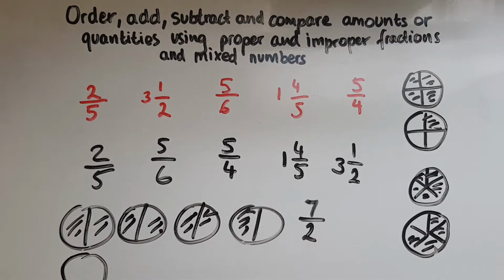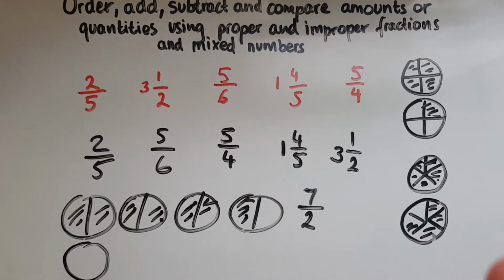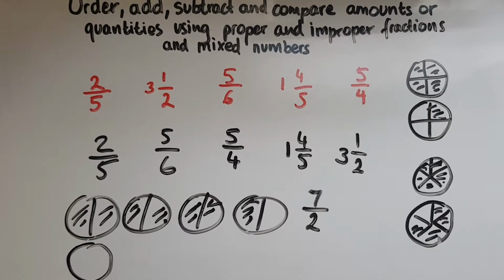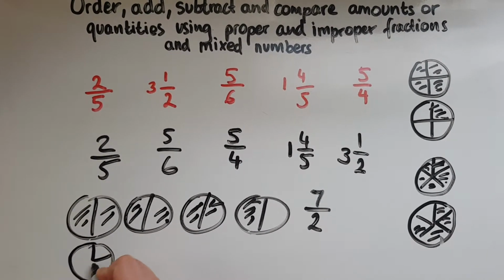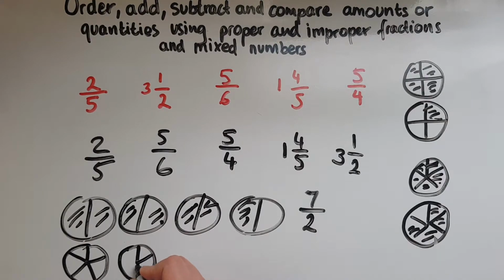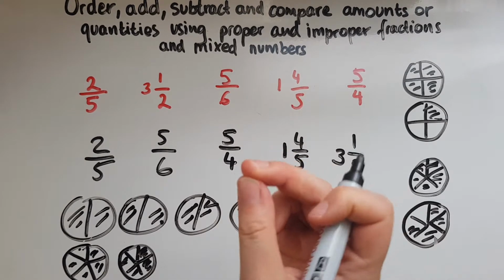And trying to convert this other one as well, so we get 1 whole, so that is split into 5 equal parts, and 4/5. So that is 5/5 already in there, because that's what 1 means.